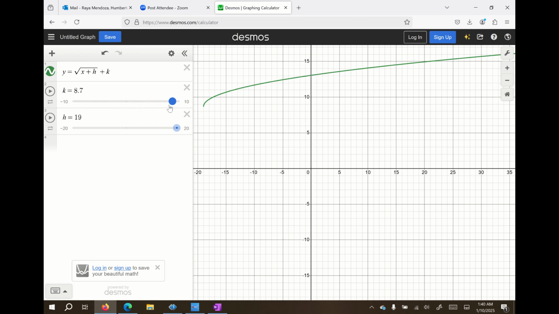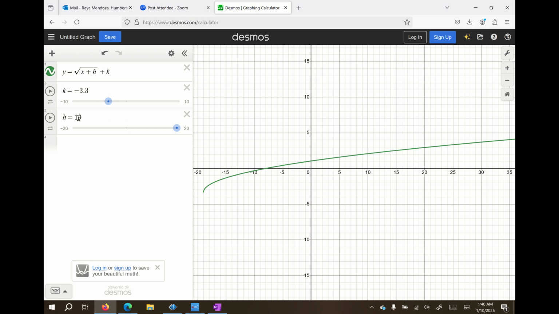Okay, so these tools can really go a long way on giving you some clarity when it comes to transforming your functions. And again, you want to have some insight on what these graphs look like, because oftentimes you care about figuring out what the intercepts of these graphs are.